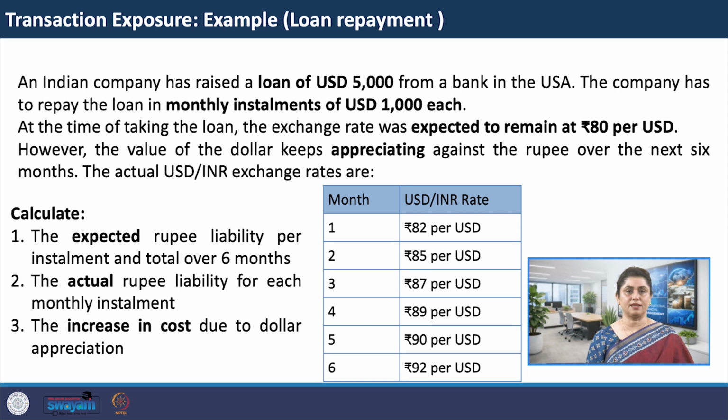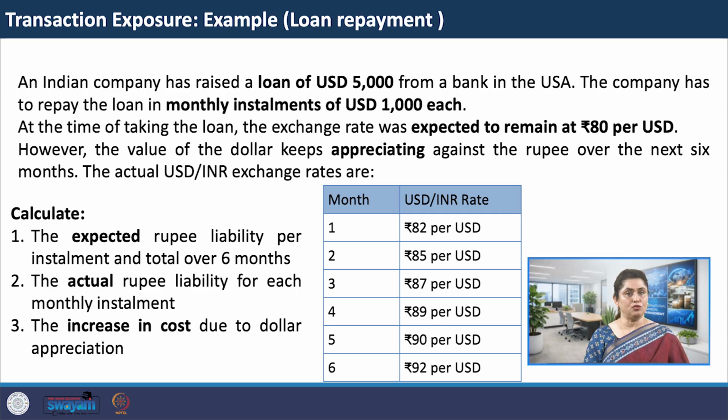Another question that is given to us is about loan repayment. There is an Indian company which has raised a loan of USD 5,000 from a bank in USA. The company has to repay the loan in monthly installments of USD 1,000 each. At the time of taking the loan, the exchange rate was expected to remain at rupees 80 per USD.